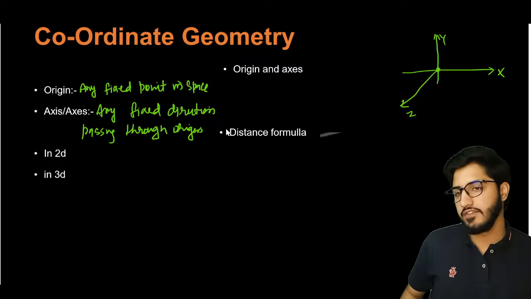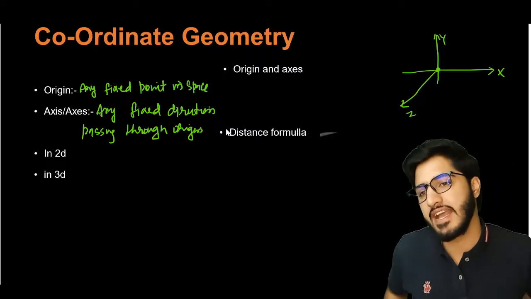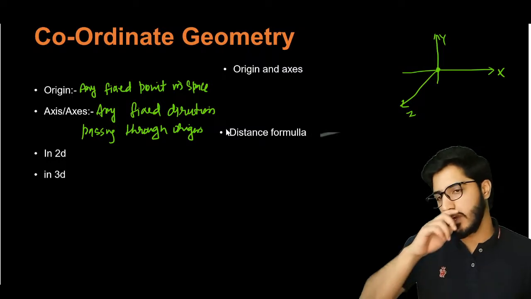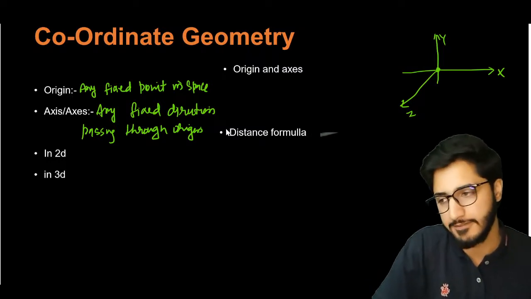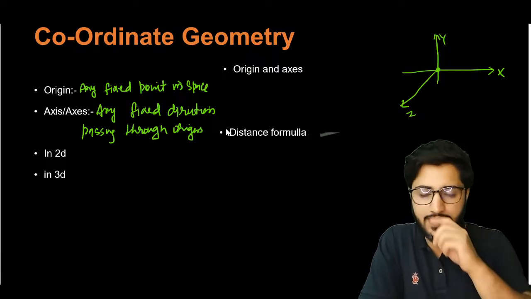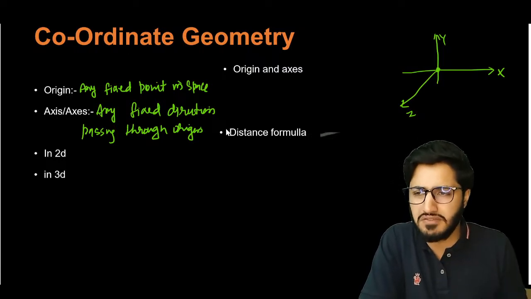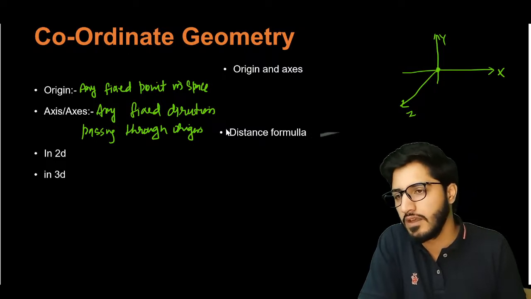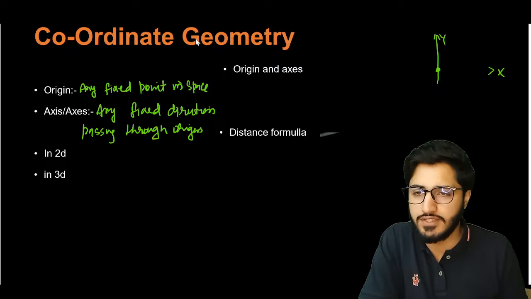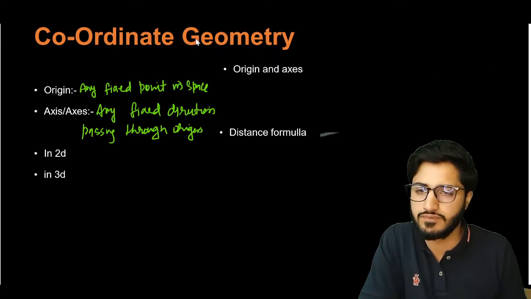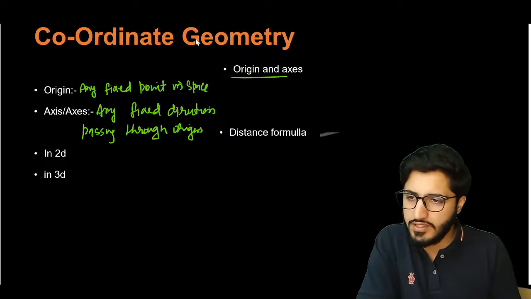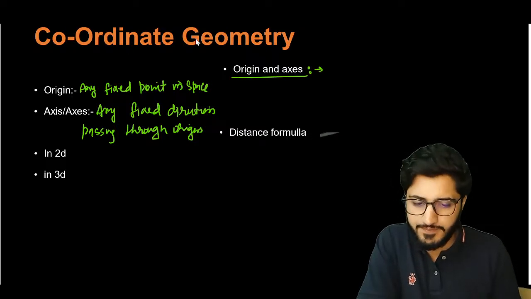If we are dealing with only 2 axes, maybe xy, yz, zx, we are calling it 2D. Sometimes we say x is abscissa and y is ordinate. So origin and axis, right?